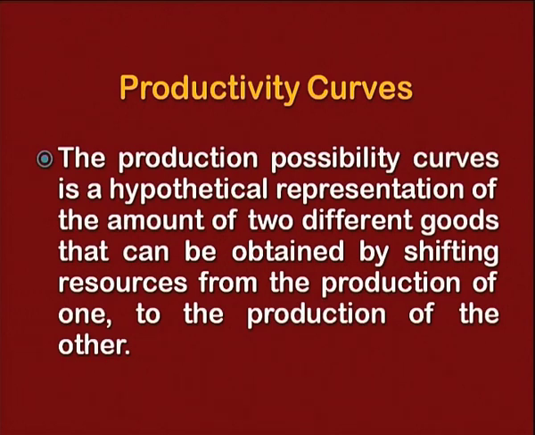Your land may be in bigha, in acres, or in hectares. Per unit of this is called your productivity. So the production possibilities curve is a hypothetical representation of the amount of two different goods that can be obtained by shifting resources from the production of one to the production of the other.